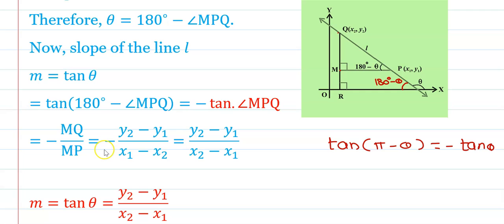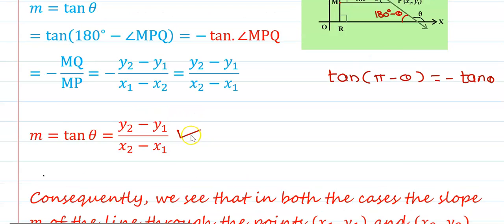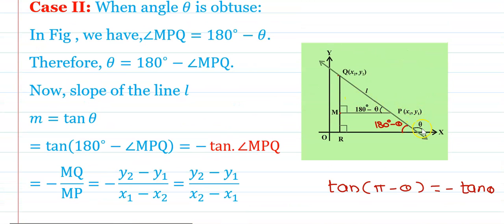Now we can absorb the negative sign, and instead write x2 minus x1. Therefore tan of 180 minus MPQ equals y2 minus y1 upon x2 minus x1, and in this way we get the slope m equals y2 minus y1 upon x2 minus x1 when the line makes an obtuse angle.